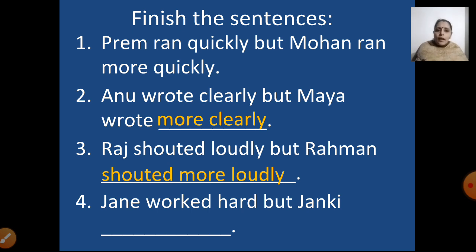Jane worked hard, but Janki hard. It's a small word. There's only one syllable there, right? Only one sound of vowel. So Janki worked harder. I'm adding ER to the adjective. Jane worked hard, but Janki worked harder. Clear, children? Shall we move ahead? Yes.